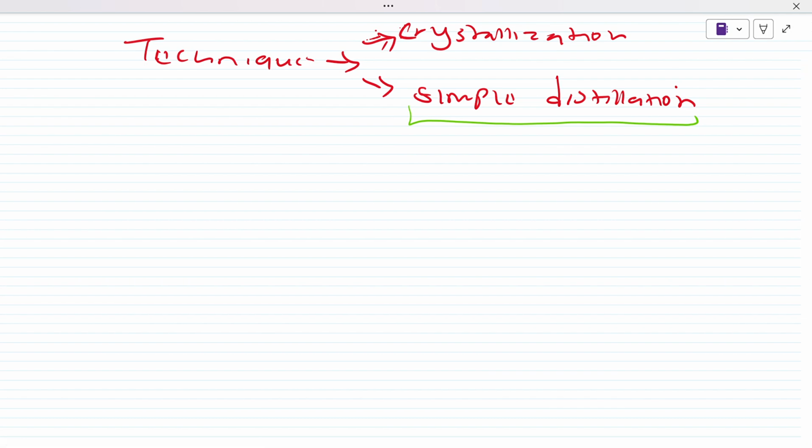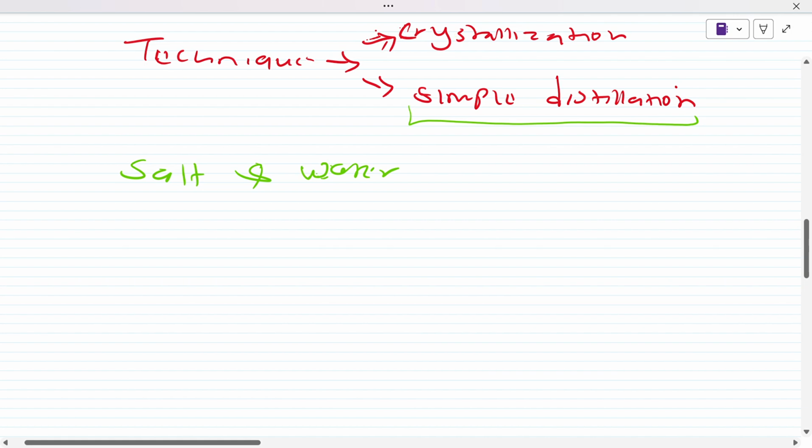Now, in simple distillation, we can be interested in both the salt and the water that was used to dissolve the salt to form the salt solution. Remember, when we mixed these two, we formed salt solution.